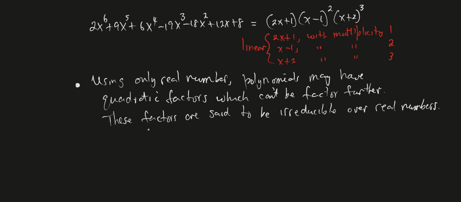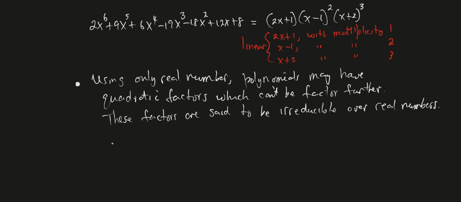So here's an example. Again, I'll give you another big one. Here's an 8th degree polynomial. So x to the 8th plus 10x to the 6th plus 36x to the 4th plus 54x squared plus 27.